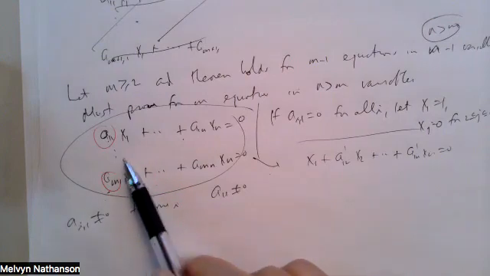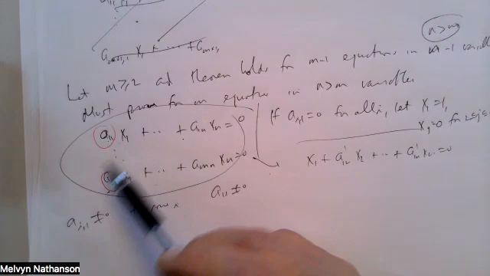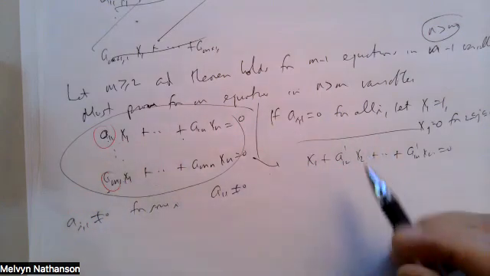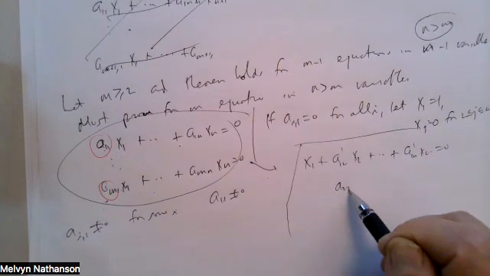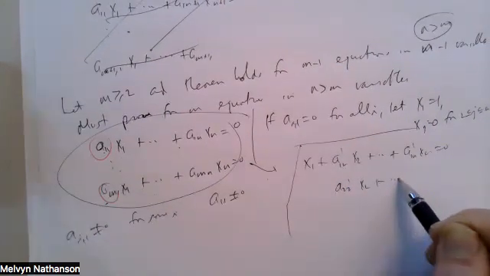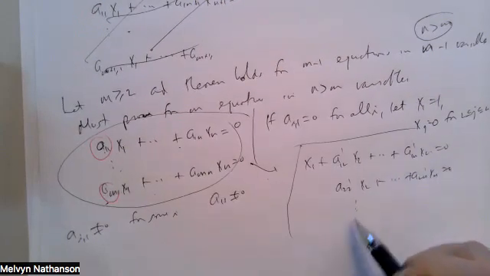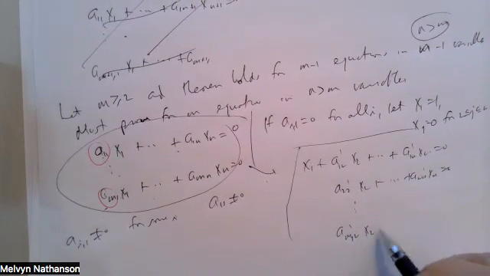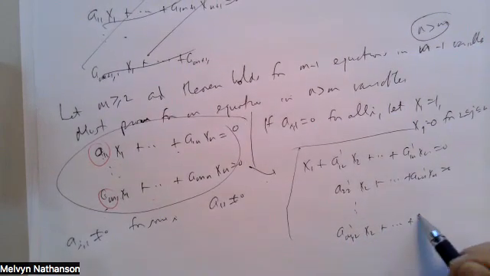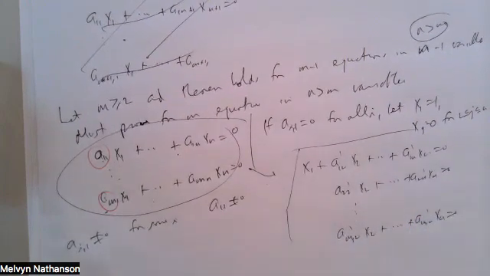And then subtracting suitable multiples of the first row from the other rows, I eliminate x1 from all of the other equations. So I get a new system which looks like this. So there's no x1 in any of these equations.